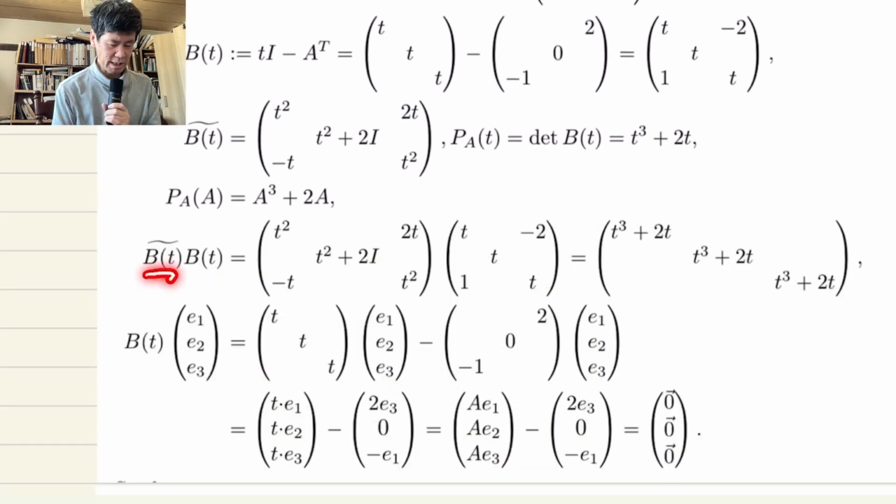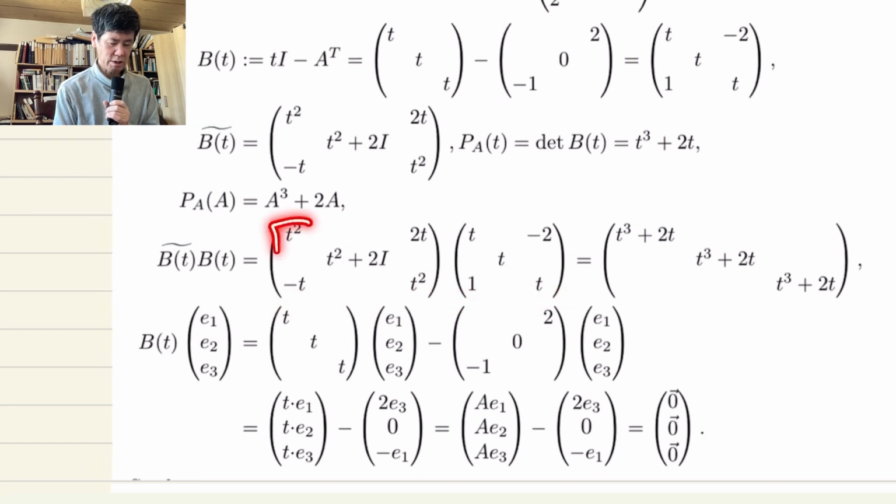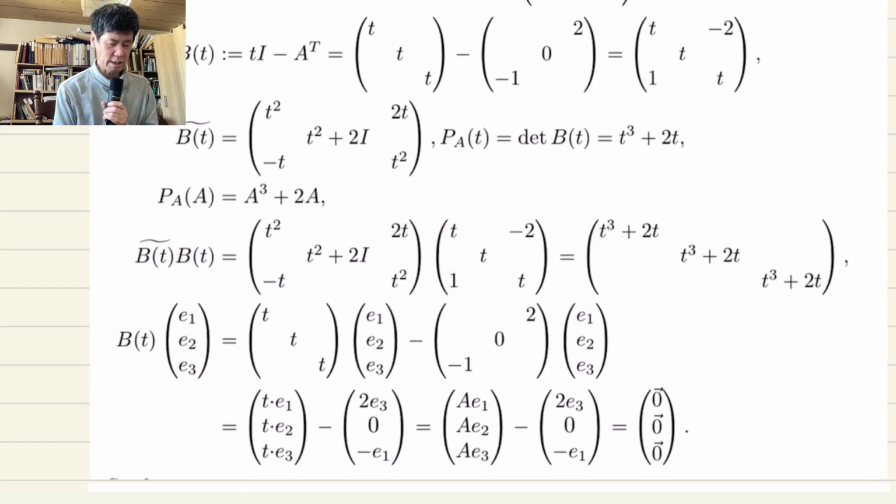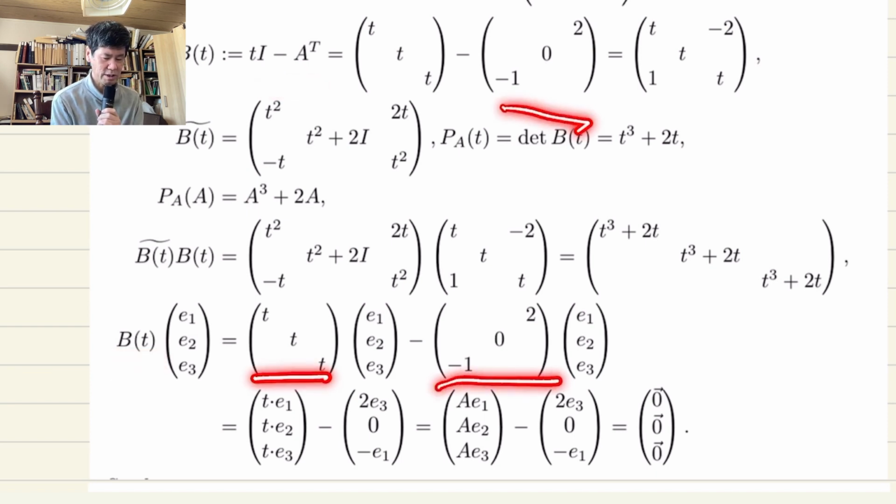Then B(t) tilde times B(t) is equal to this matrix times this matrix, and t squared times t plus 2 times t times 1 is equal to t cubed plus 2 times t, and the off-diagonal entries are equal to 0, and minus t times t plus t squared times 1 is equal to 0, and so on. So B(t) tilde times B(t) is equal to this diagonal matrix, and B(t) is equal to tI minus this matrix.